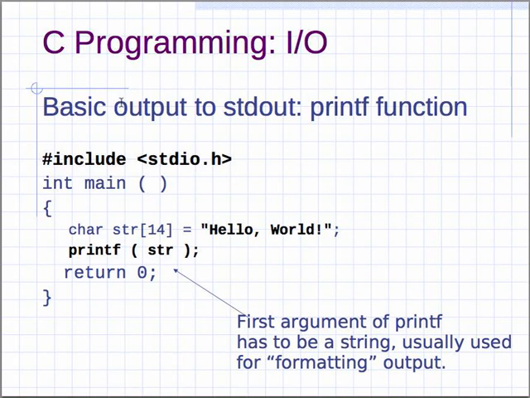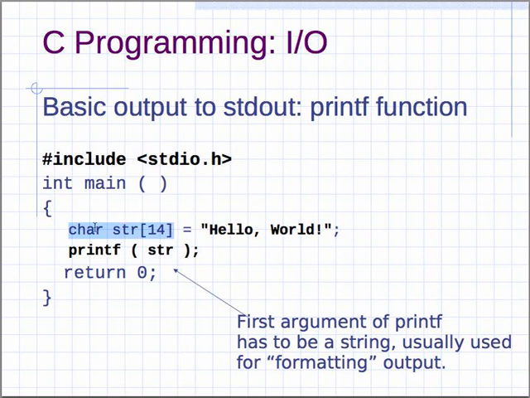Let's take a more detailed look at the printf function, and this is basic output to standard out. So printf is what we use in C programs to print something out to the terminal. Here's a simple example. We use the more straightforward declaration.